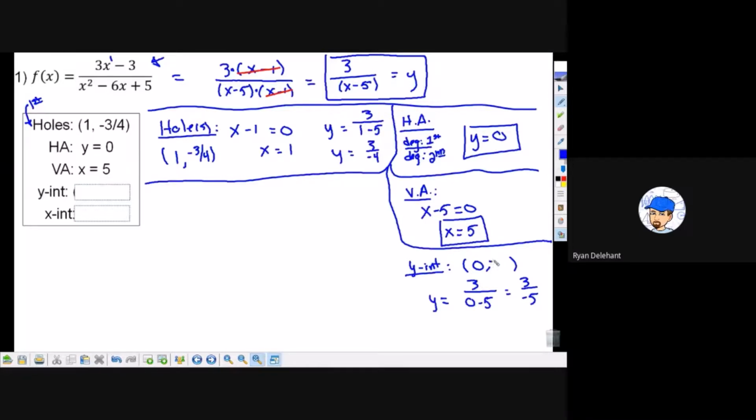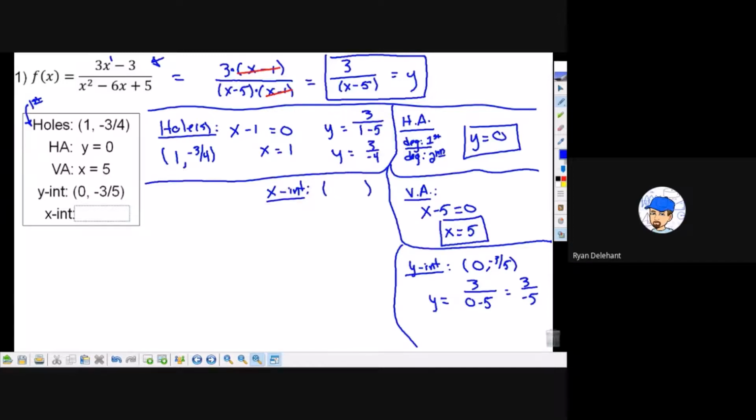Or you could just as easily write the -3/5 in there. It's -0.6, but either way is fine. The only thing I ask you not to do for holes and asymptotes and intercepts is don't round them. If you get something like divided by 3 that's going to repeat forever, write it as a fraction when you write your answer. So that is our y-intercept. One more to go, x-intercept.